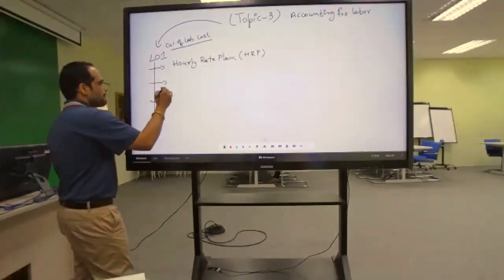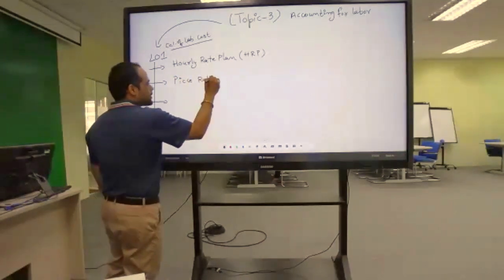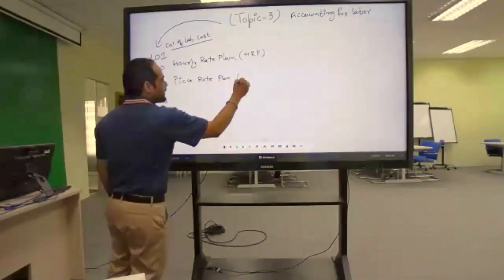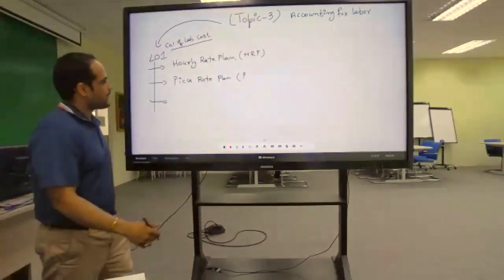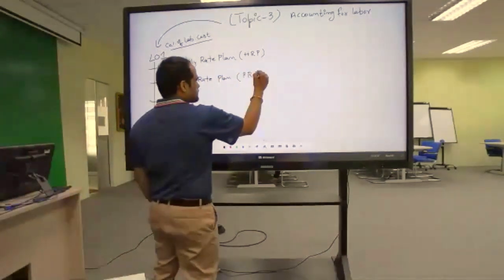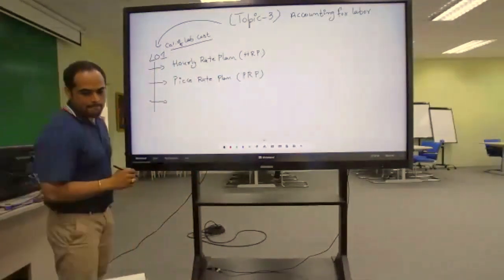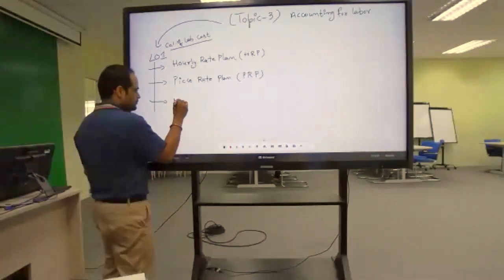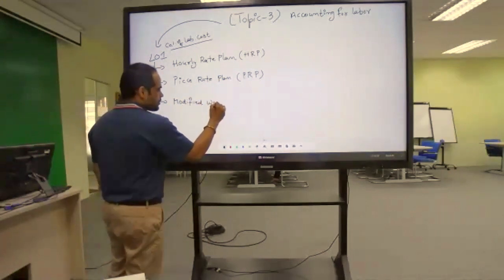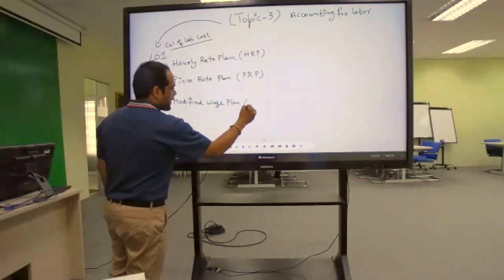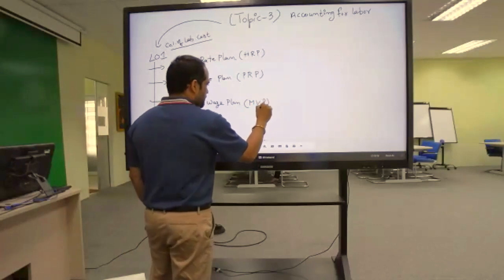Next one is the piece rate plan. Piece rate plan. And next is the modified wage plan.